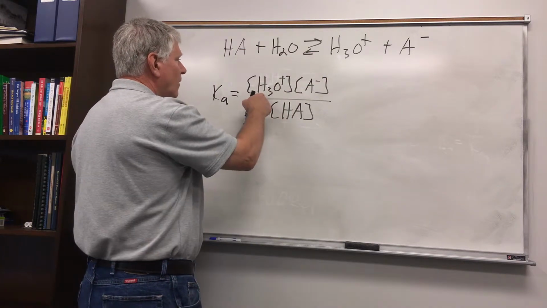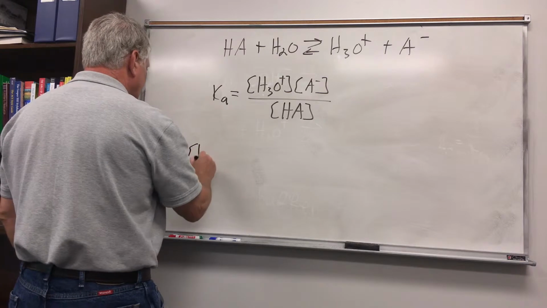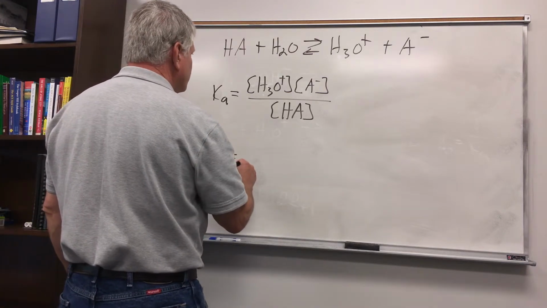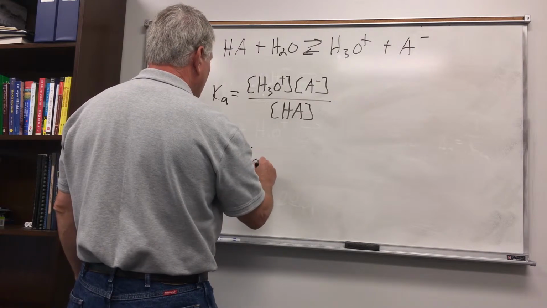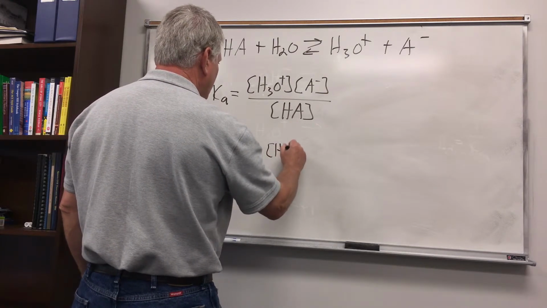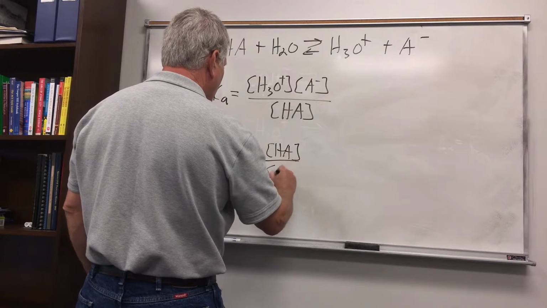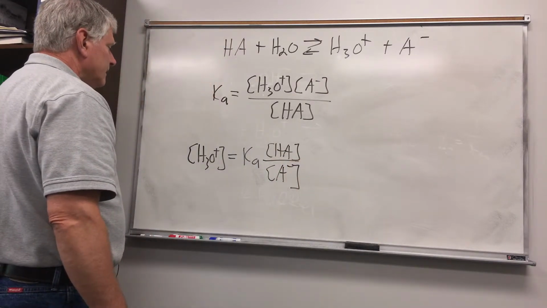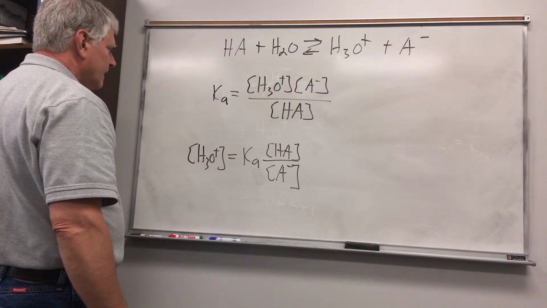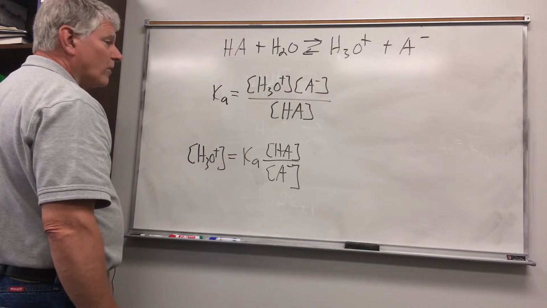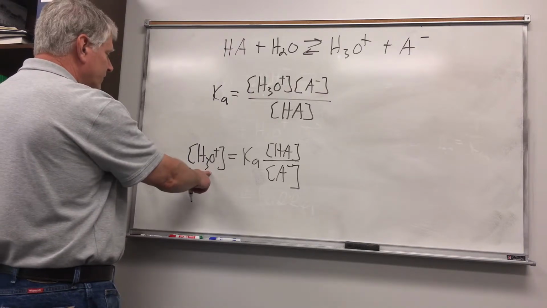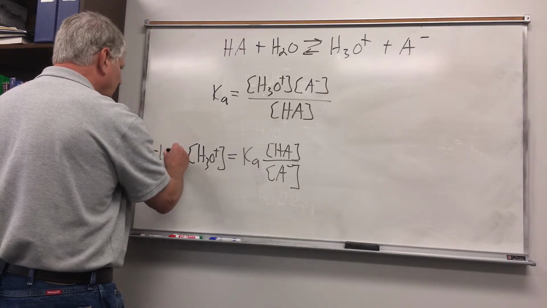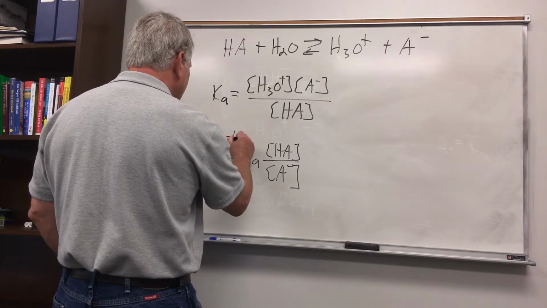So I'm going to solve for H3O+. And then I'm going to take the negative log of both sides of the equation so that I get pH.